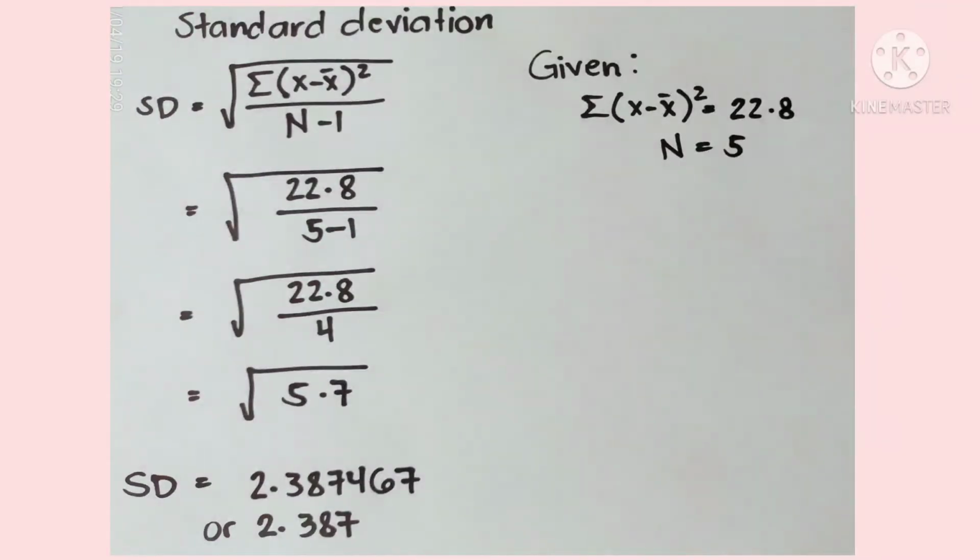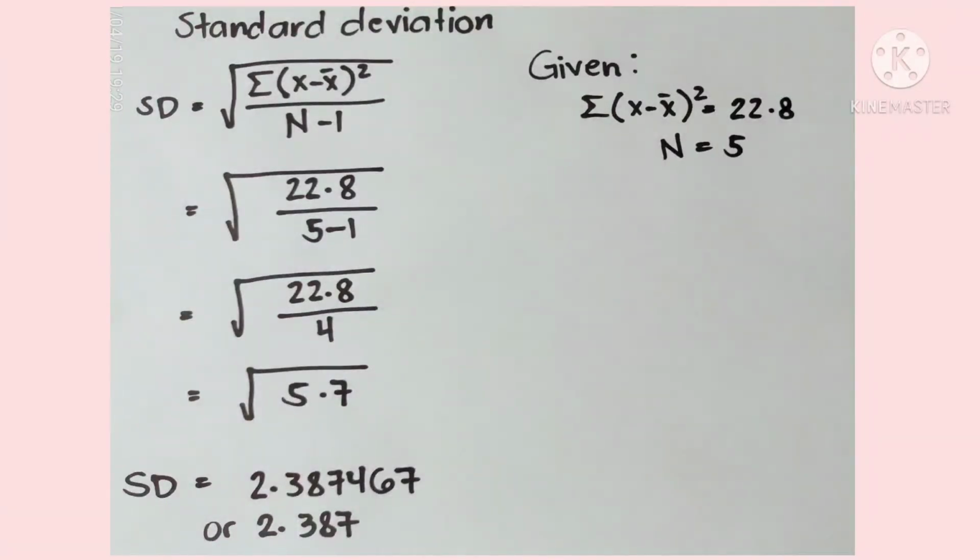Now let's substitute the same data. Our summation of x minus x bar squared is 22.8, and n is 5. So we have the square root of 22.8 divided by 5 minus 1. First, 5 minus 1 is 4, so now we have the square root of 22.8 divided by 4.